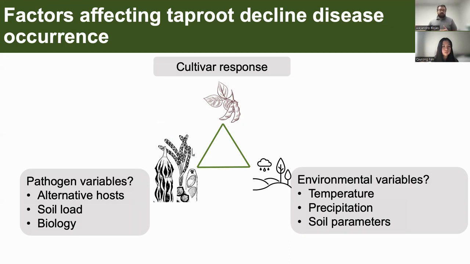But we need to do a better job understanding the actual factors that are driving this disease. And on the side of the pathogen, we don't know what other hosts are being colonized by this pathogen. We don't know how the pathogen actually survives in the soil. Is it just mycelia? Are there specific types of spores that allow the pathogen to survive better under specific conditions? We don't understand a lot of the biology of this pathogen.